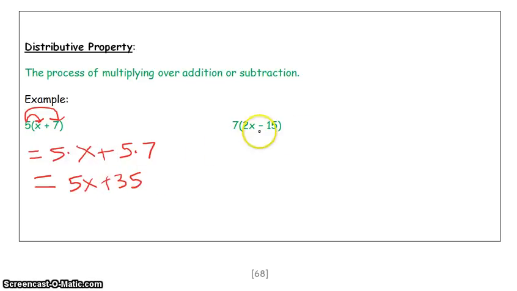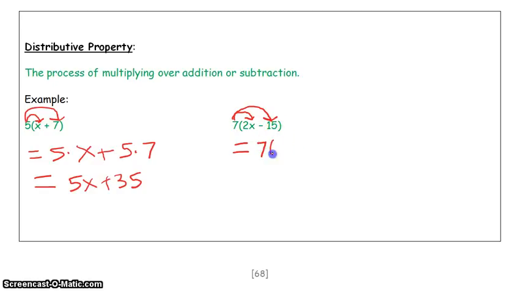Now we try the same thing here. This time we have a subtraction sign. Now in this parenthesis, we still have two terms. We had 2x and 15. So now we're going to multiply 7 by both of these terms. So we'll multiply 7 into 2x, and then we will also multiply 7 by 15.